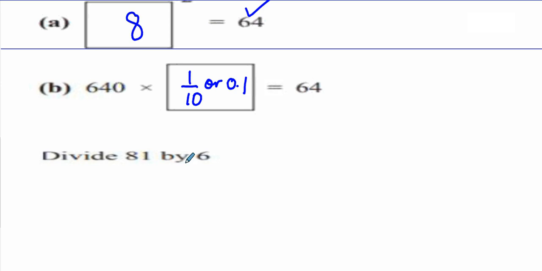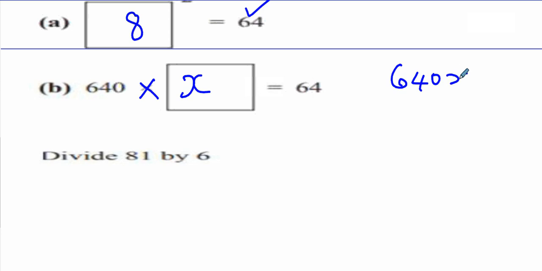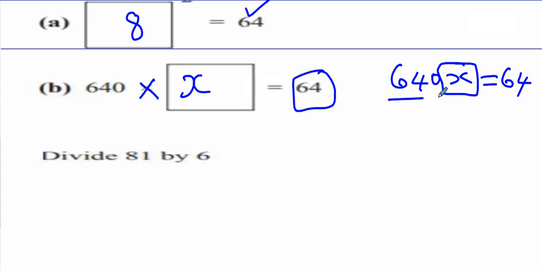Right, now suppose you don't want to do it mentally, you want to do it using algebra. So you put a letter and then you proceed. 640 times x, that is 640x, equals 64. Then I'm looking for how much x is. So I divide by 640.